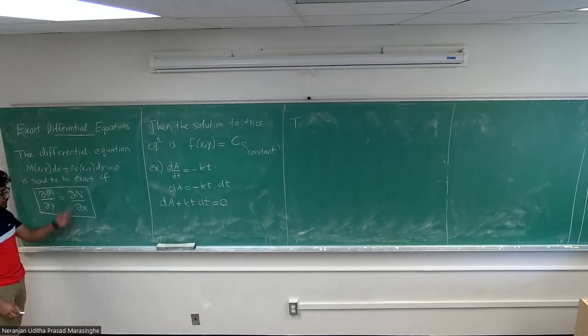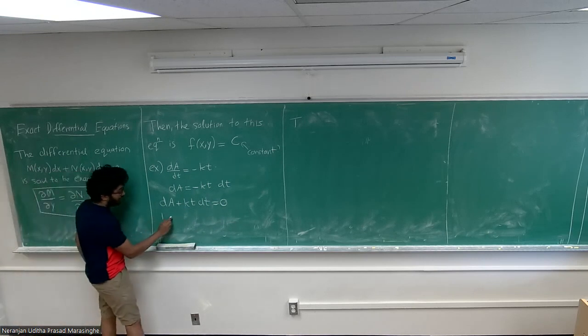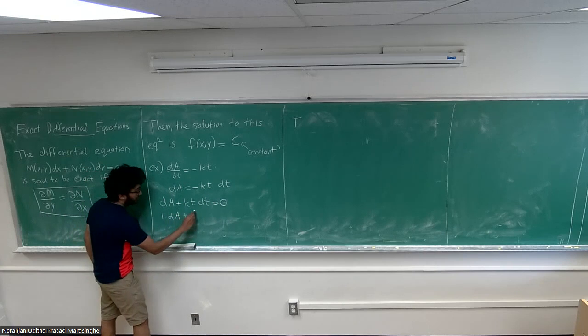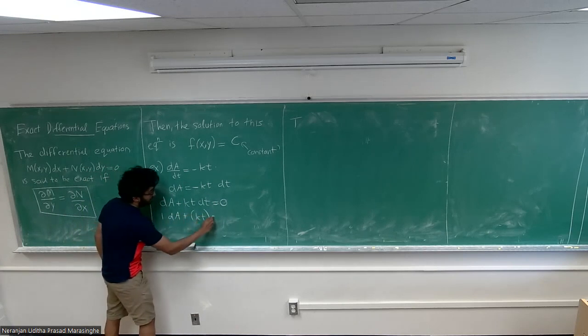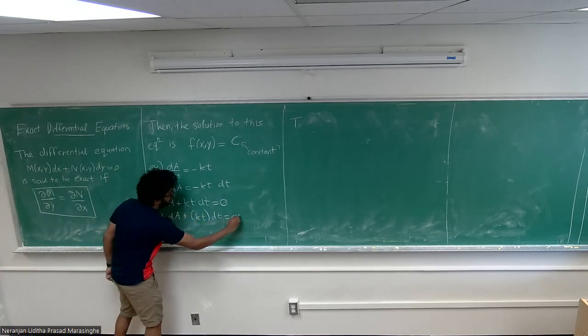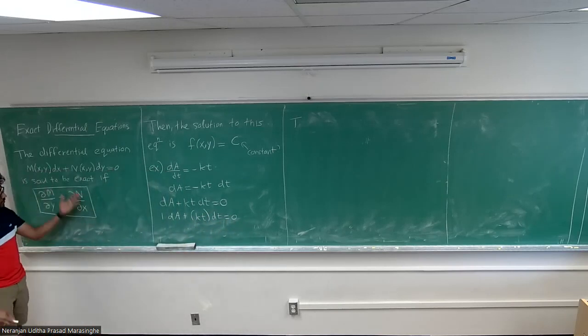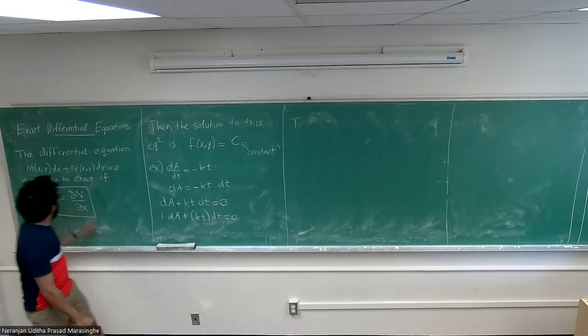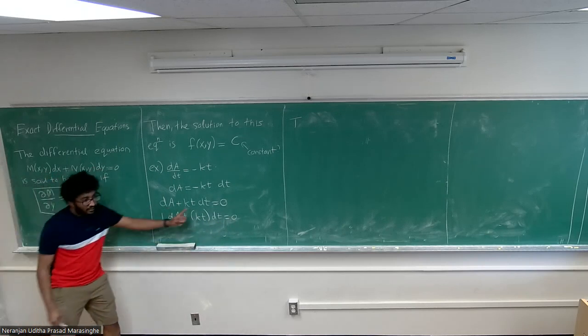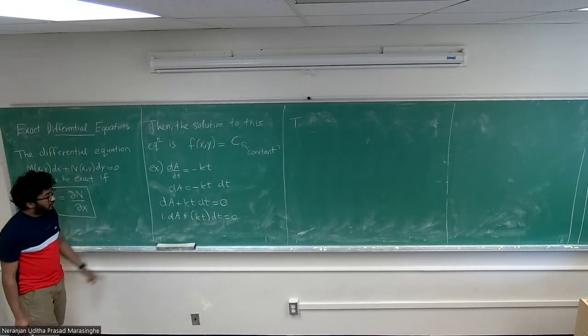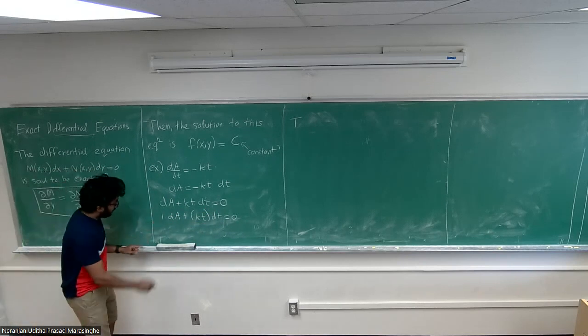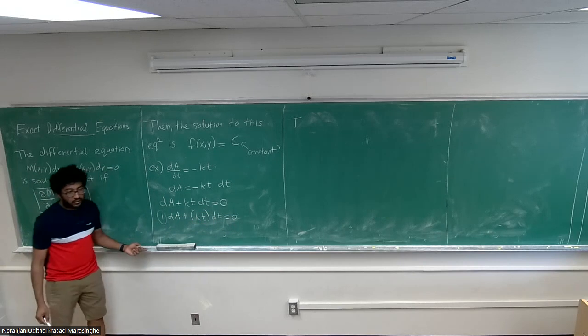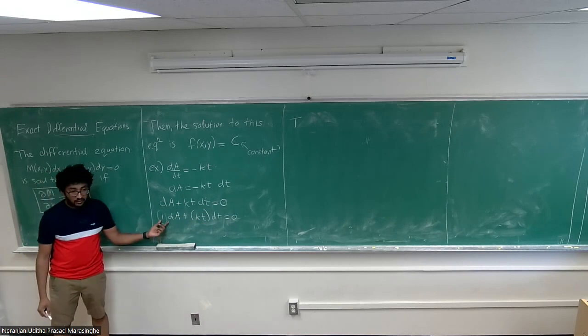Now you can see something like this. Instead of M, you have 1. I have 1 times dA plus kt times dt is equal to 0. So instead of M and N, I have 1 and kt, and instead of x and y, I have A and t. Now you have to take the derivative of 1 with respect to t, because 1 is with dA.